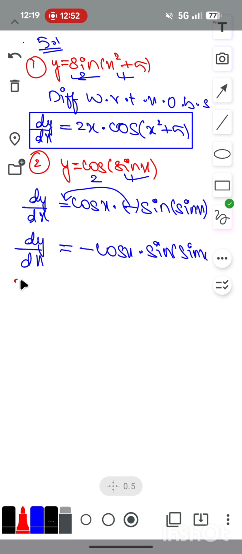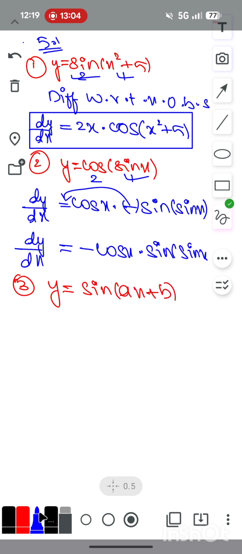When we have a question like y is equal to sine of ax plus b. Very simple. Again, a trigonometric function sine is having a polynomial function in its body. Ax plus b is to be considered as the first function. Second function is sine.